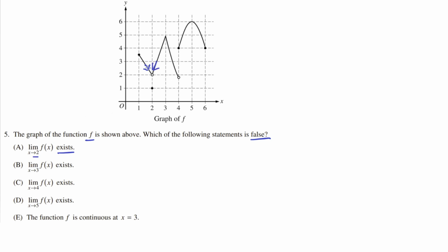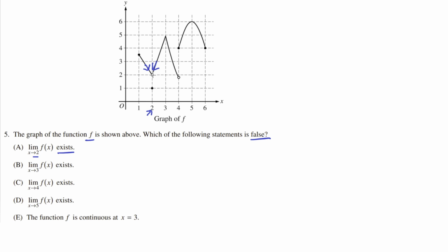So here, as we approach x equals 2, the graph from the left approaches a y value of 2, and the graph from the right approaches a y value of 2. Since the left and right limits both approach the same number, that means the limit as x approaches 2 of f of x exists.